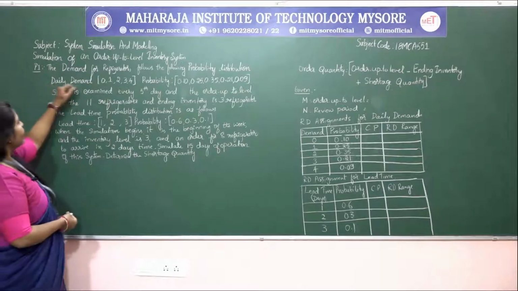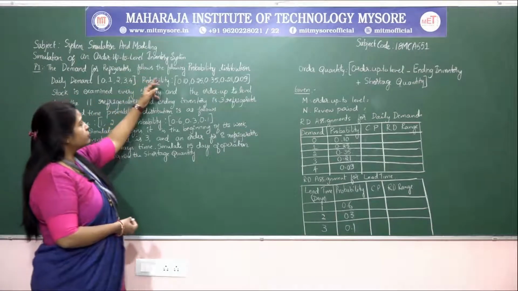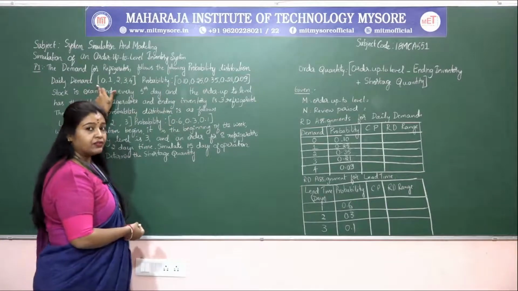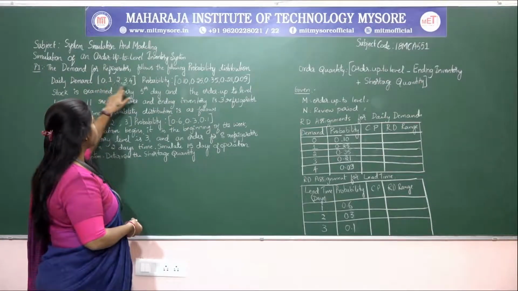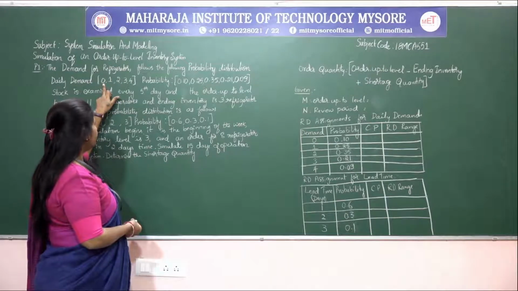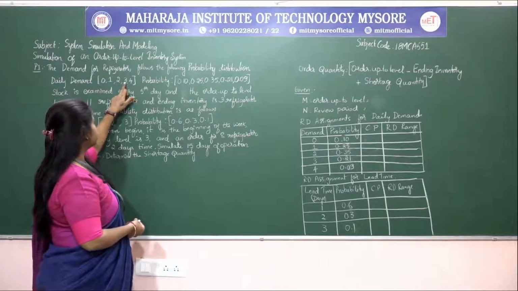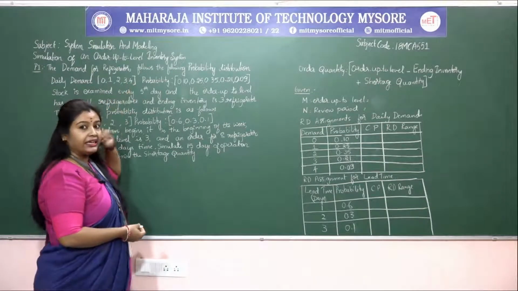The demand for refrigerators follows the following probability distribution. For daily demand, they have given the probability distribution: there may be a chance of 0 orders, or 1, or 2, or then 3 or 4 demands on a given day.